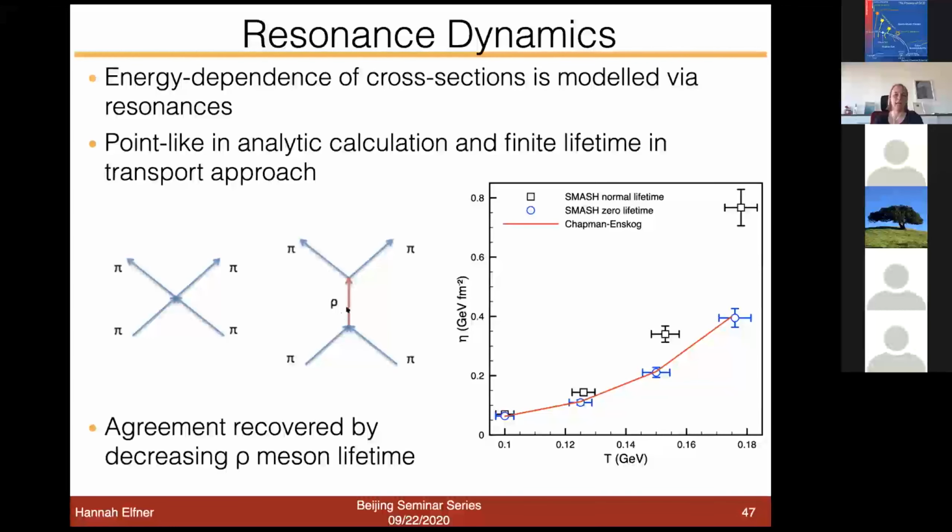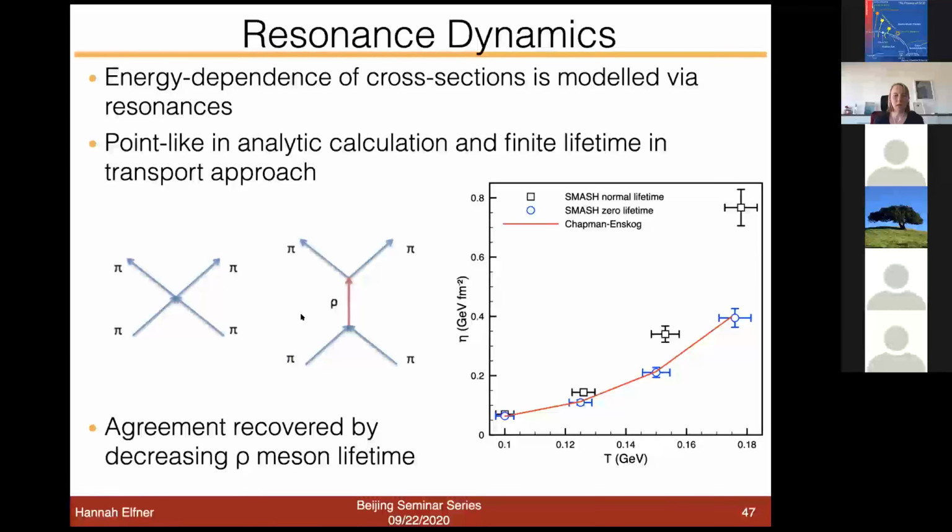For the shear viscosity, that matters because it delays the momentum transfer that is relevant for your relaxation and the shear. To prove that, we set the lifetime of the rho meson to 0 to reproduce this instant interaction for the pions. And bam, we had our analytic expectation. So that was seemingly the explanation for this difference.